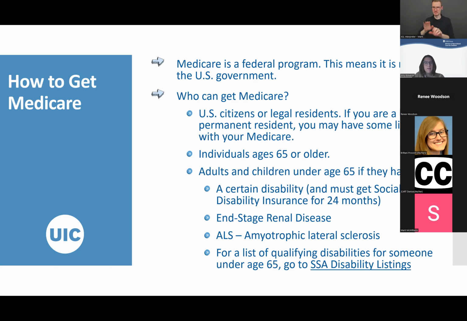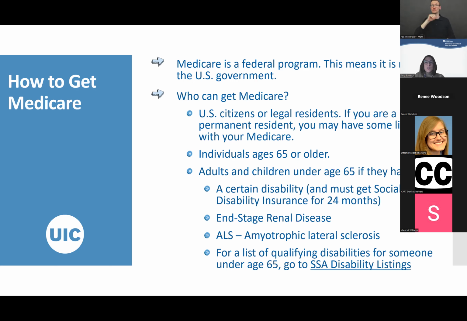And so to qualify for Medicare, you must be a US citizen or a legal permanent resident. And if you are a legal permanent resident, you may have some limits with your Medicare plan. We generally think about Medicare as being something for the elderly or people over the age of 65. And that is true.